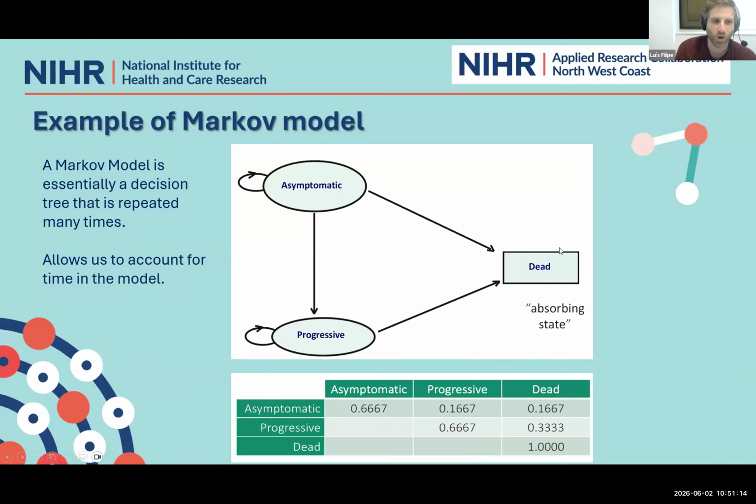Okay. A Markov model is actually characterized by having some states and by people progressing within the states. So in here you have state A, B, and C, let's say, where symptomatic is the first state, and you can see this arrow, you can either stay in a symptomatic or you can move on to the other states.